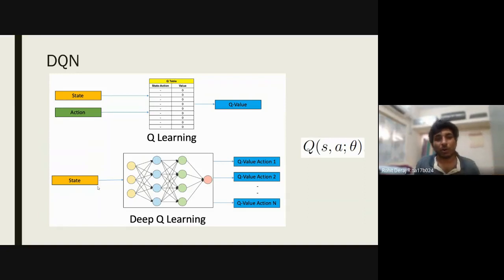In DQN, instead of having a Q table where you refer the state and the action and get a Q value, you give the states as an input to a neural network, and this acts as a function approximator and gives you the approximate Q values as an output. So given any state as an input to the neural network, it gives me all the Q values corresponding to the various actions possible as output.